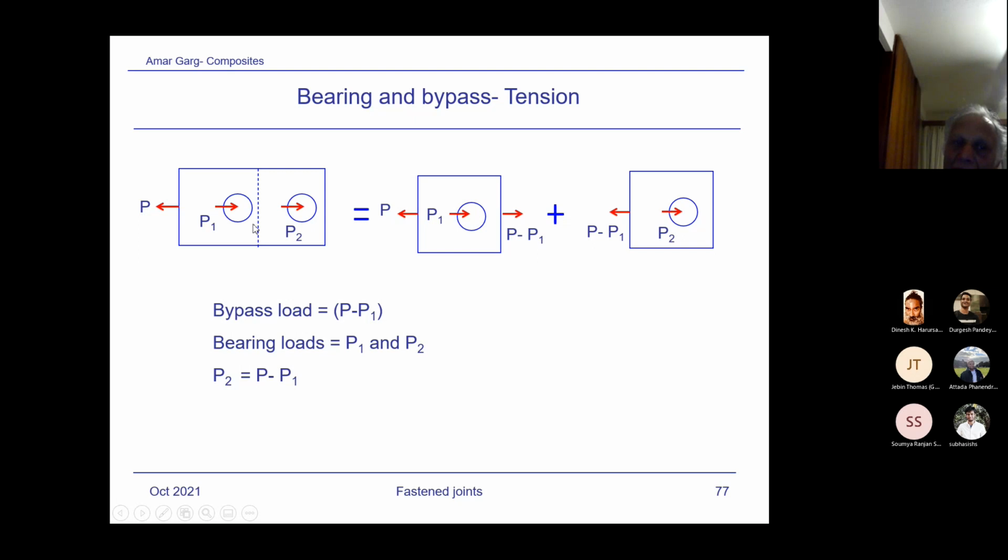Now P1 and P2, they're equal, which is P by 2. So this is the bypass load, P minus P1. You see, this is getting bypassed. It's not being reacted by the fastener. If it's not being reacted by the fastener, the remaining load which is bypassing the fastener, that is what is bypass load.